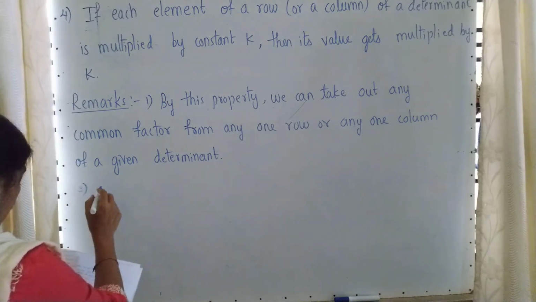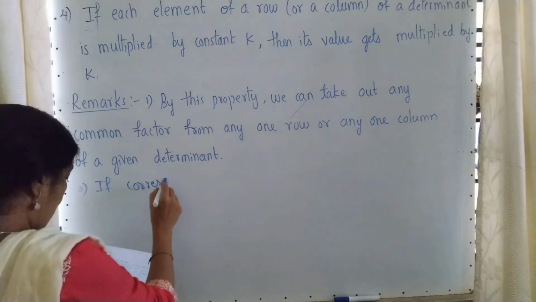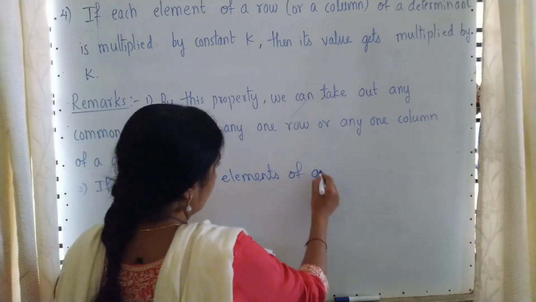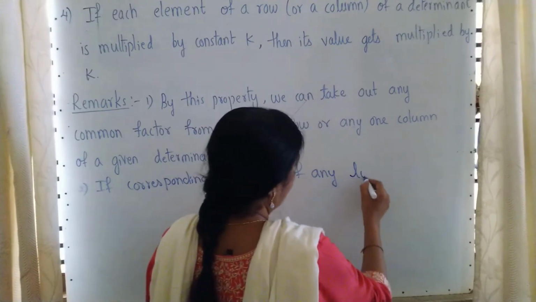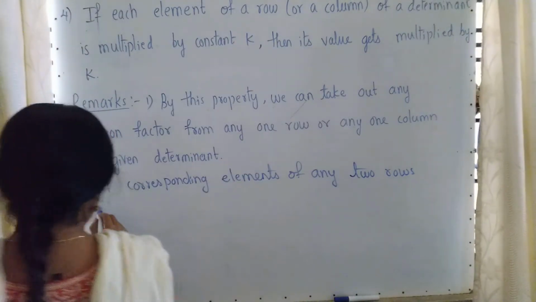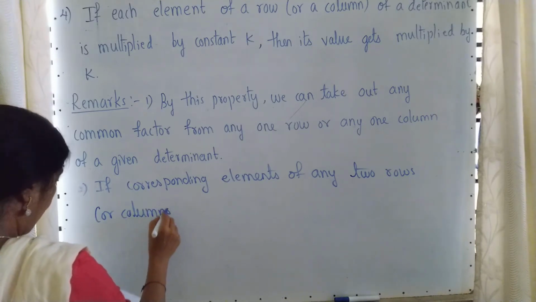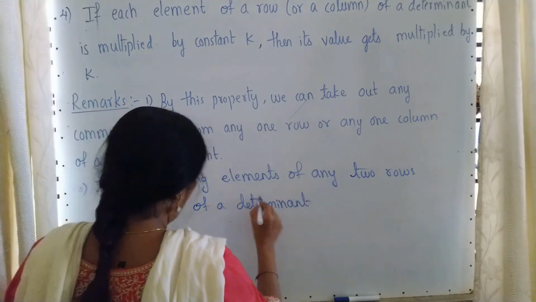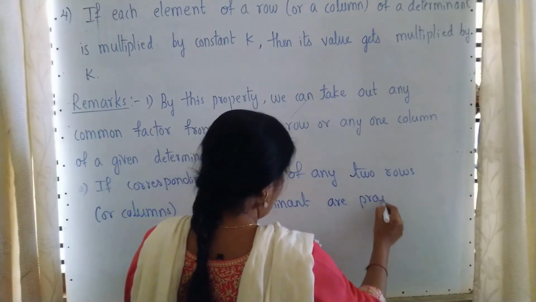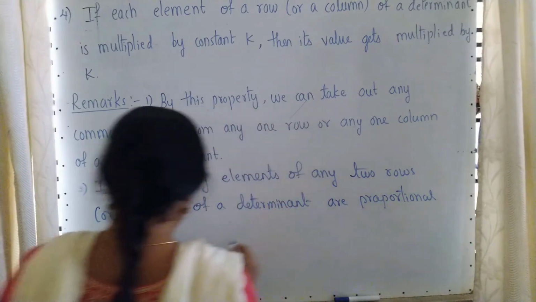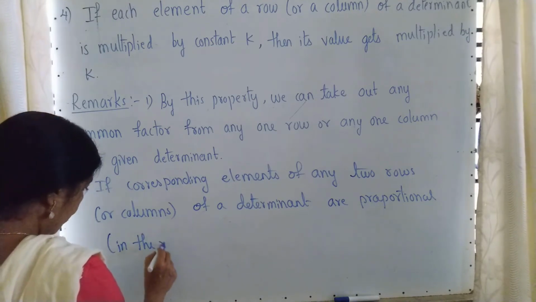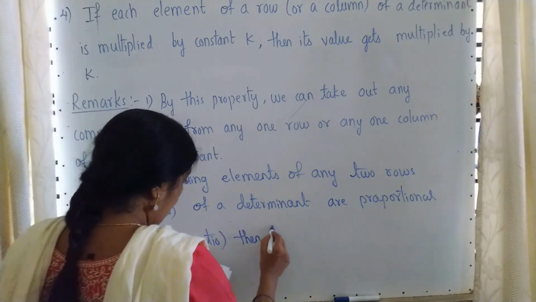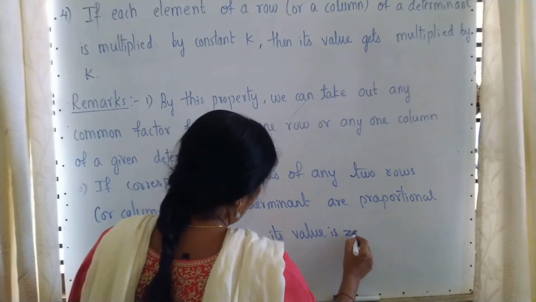And the second one is, if corresponding elements of any two rows or columns of a determinant are proportional, that is in the same ratio, then its value is 0.